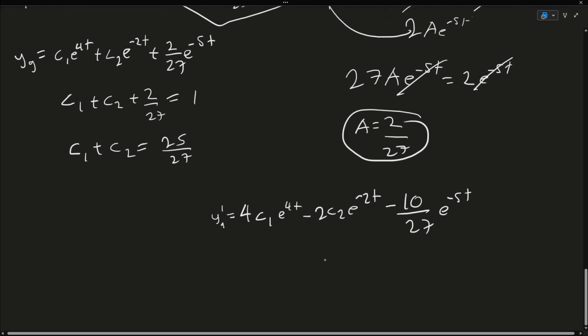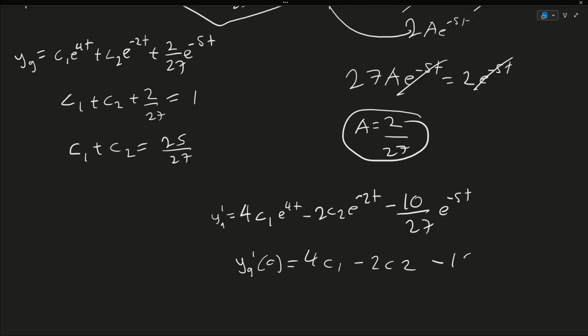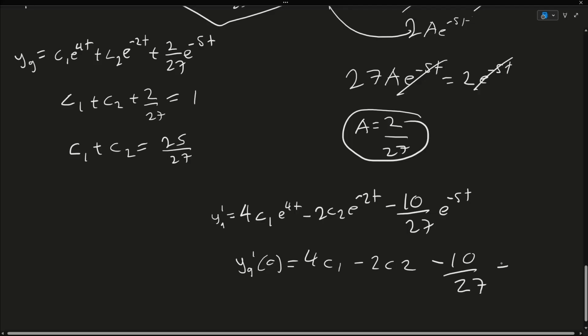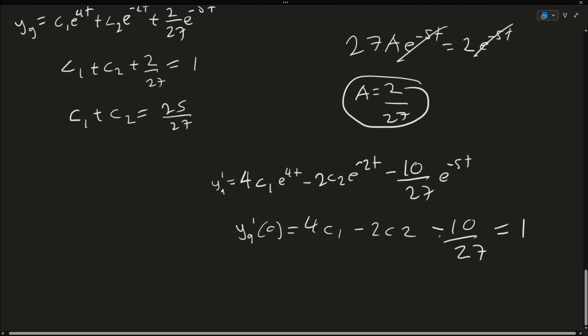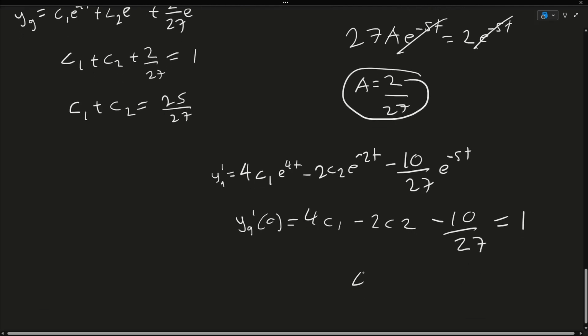Let's plug in 0 for t, so we will have 4c1 minus 2c2 minus 10 over 27 equals 1. This means that 4c1 minus 2c2 equals 17 over 27. Actually 37, my bad. 37 over 27.